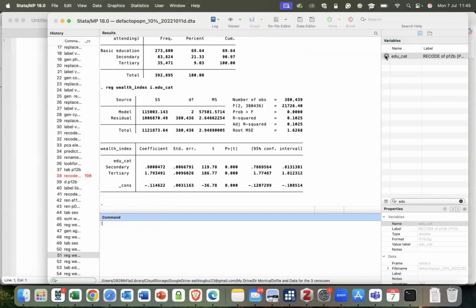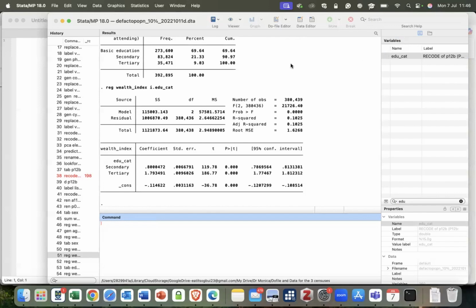So clearly you can see that the regression analysis here has dropped basic education and has secondary and tertiary education as the main indicators in the education category. And they are all significant, all under 1%.